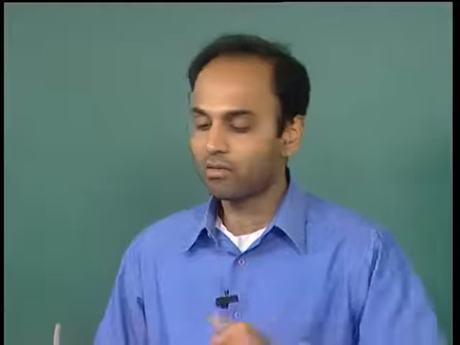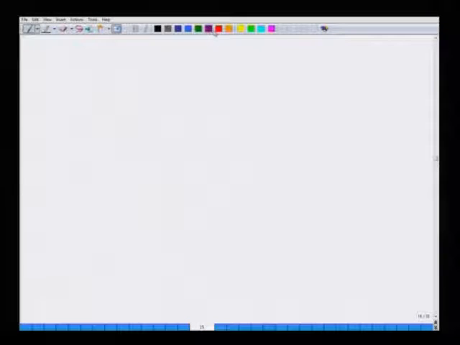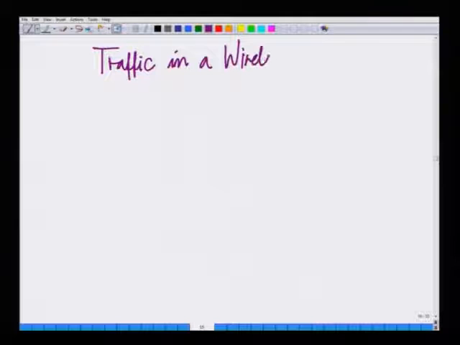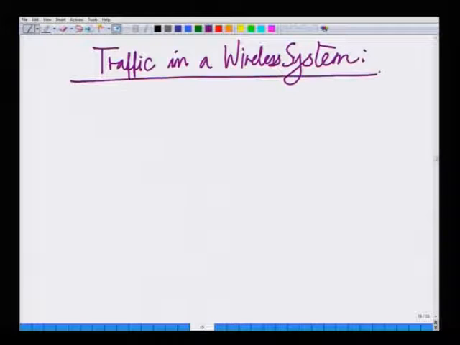So, first we have to start by characterizing traffic, which essentially characterizes the traffic in a wireless system, characterizes the demand to place a call by these different users. So, how do we measure?